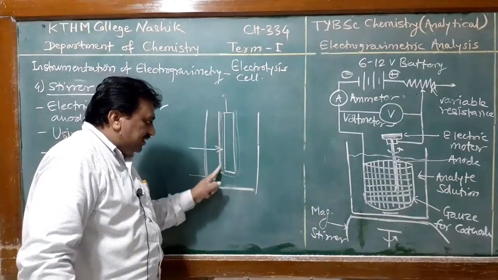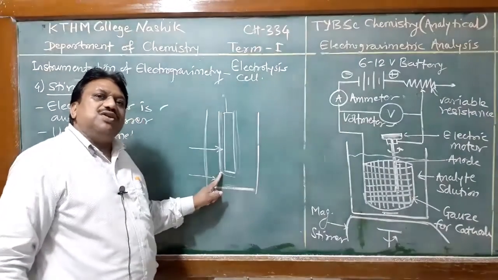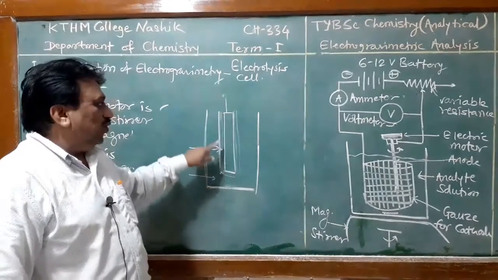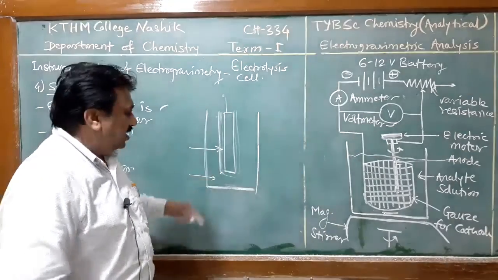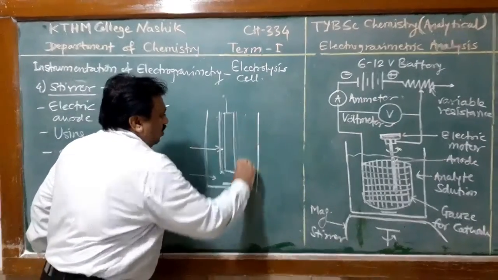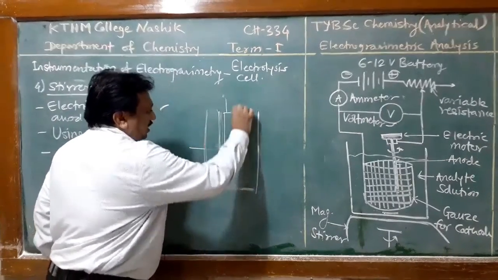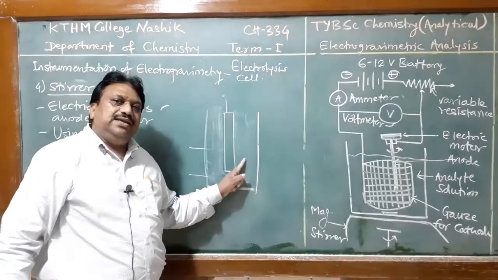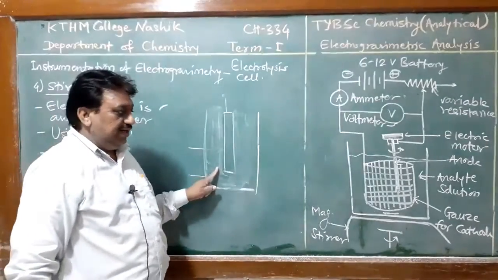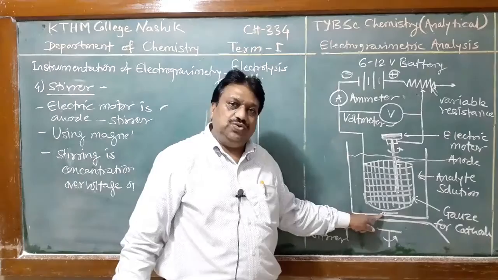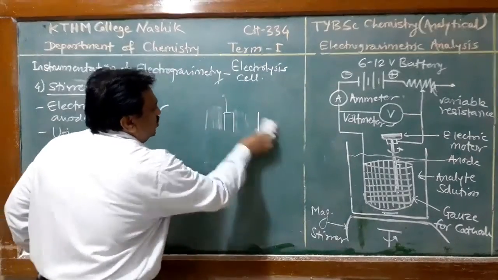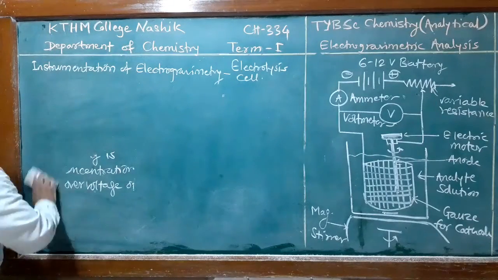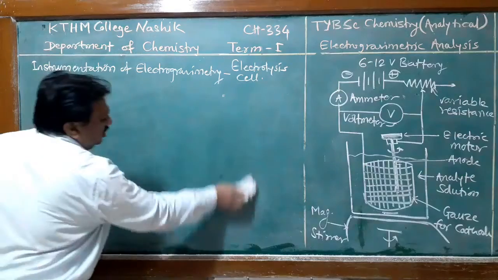That gives a concentration gradient, and because of this concentration gradient, the overvoltage increases. Therefore, to nullify this concentration gradient, stirring is carried out so that the concentration of the ion in the total solution is kept identical, and there is no concentration gradient. That is done by stirring the solution.